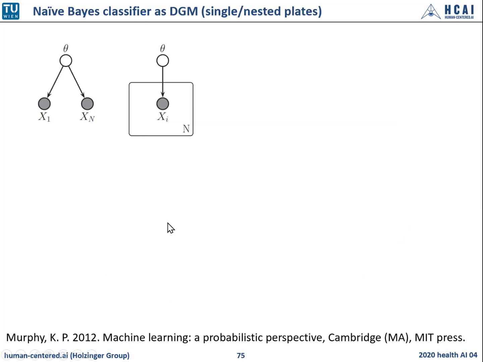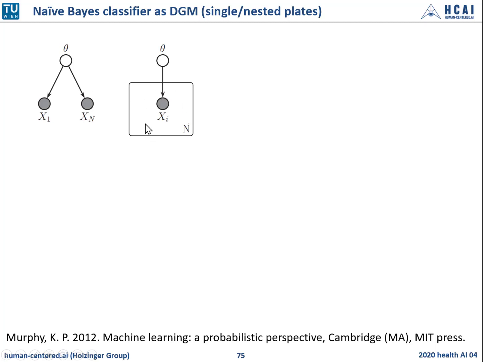Okay, so here is the so-called plate notation, where we assume that the data is IID, independent, identically distributed, and this assumption is shown in this notation. So on the left, the data points x are conditionally independent given the theta parameter, and the right is the same as the left, repeated.